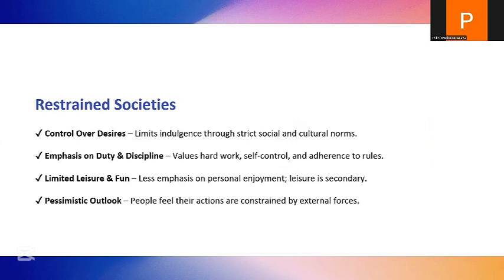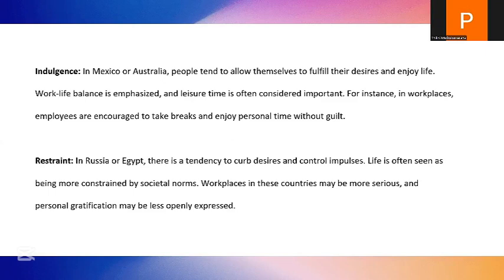When we go to the restrained societies, they have control over desires and they emphasize mostly duty and discipline, with limited leisure and fun. They have a pessimistic outlook. Indulgence is mostly prevalent in countries like Mexico and Australia.